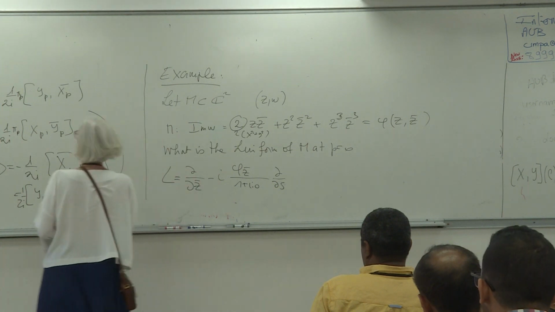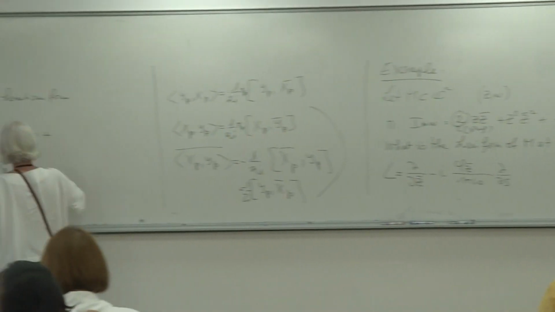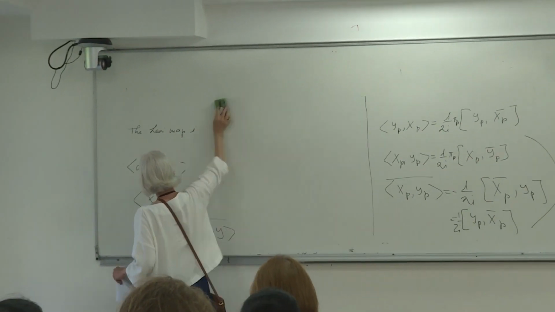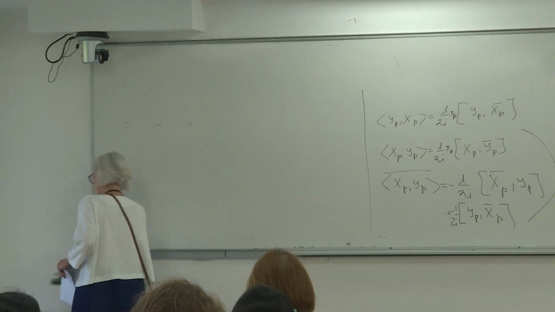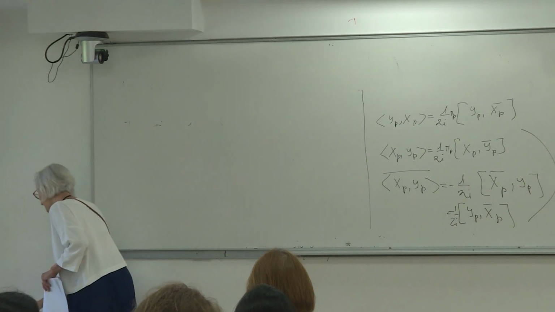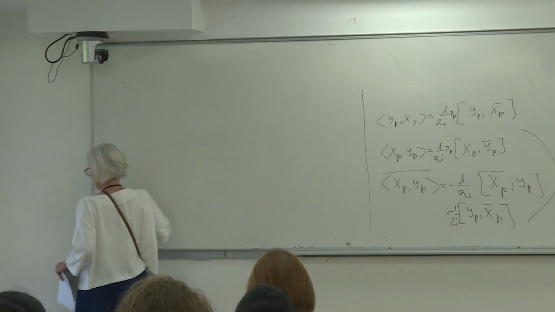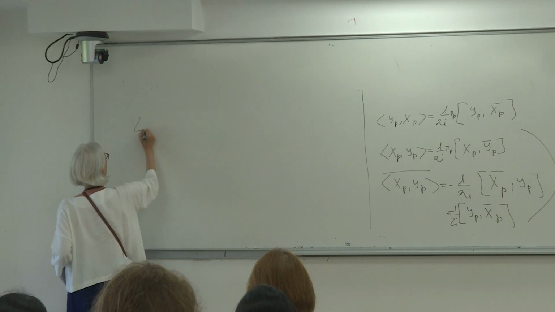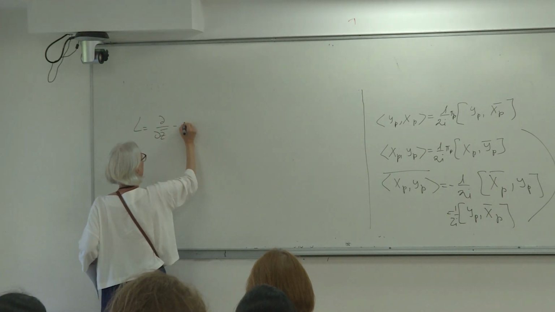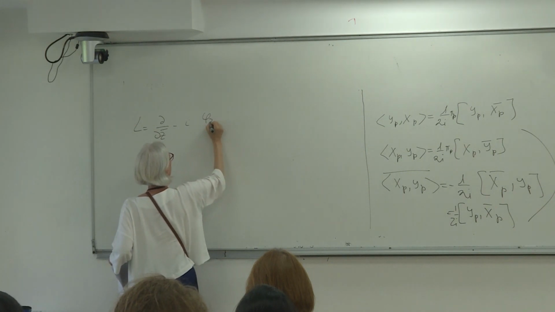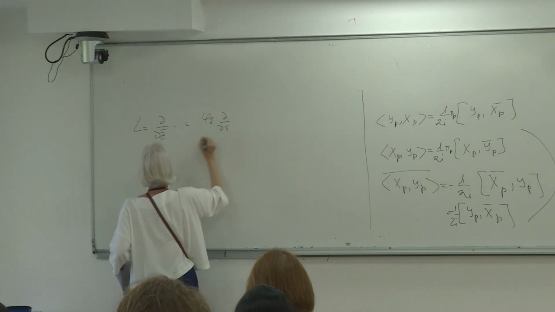Now, what is L bar? So I have L equal to d/dz bar minus I phi z bar d/ds. So what is L bar?